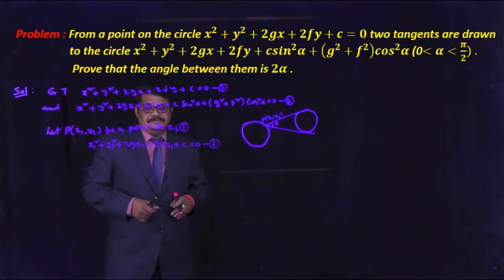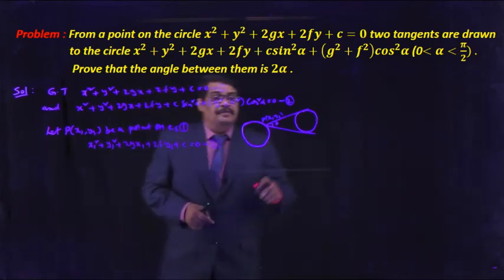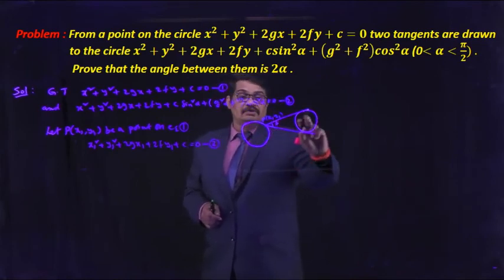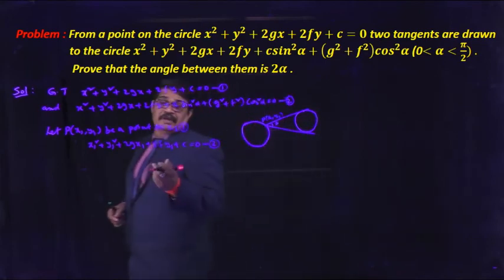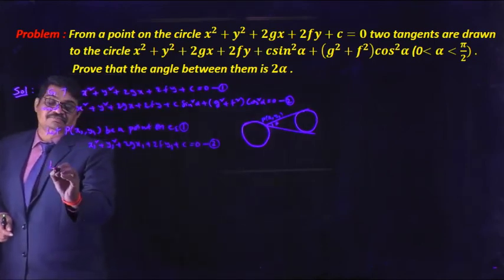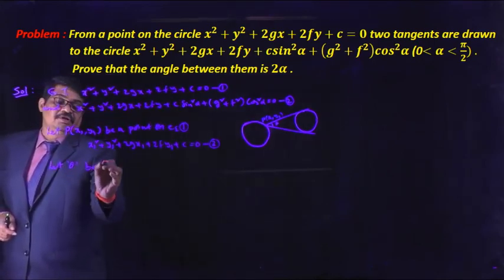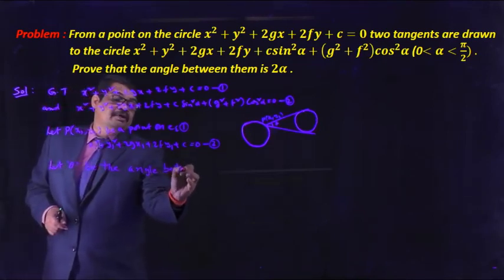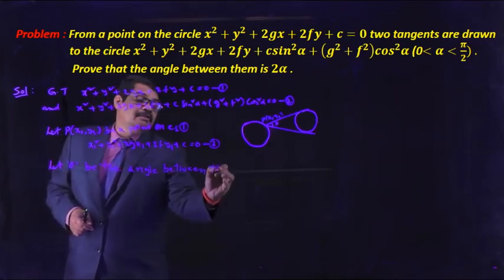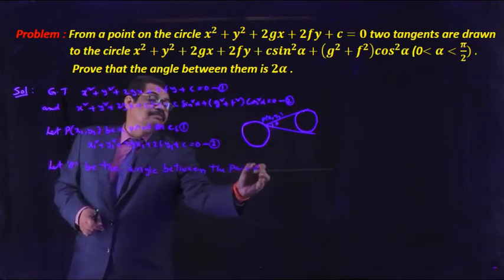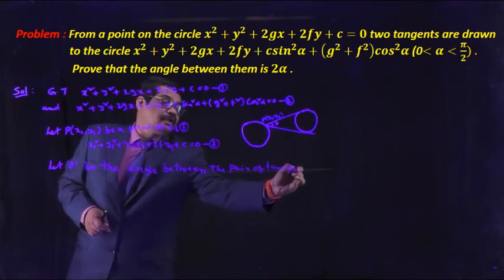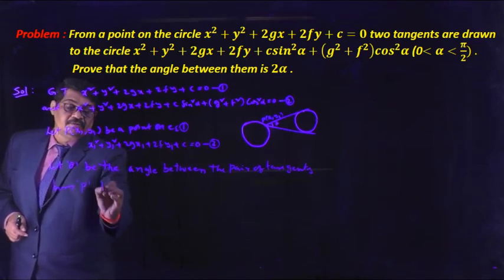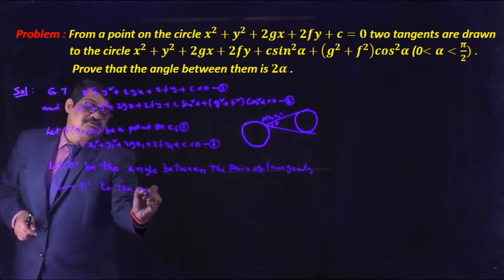Now we are writing the angle between the pair of tangents from P (x1, y1) to the second circle. Let theta be the angle between the pair of tangents from P to equation 2.